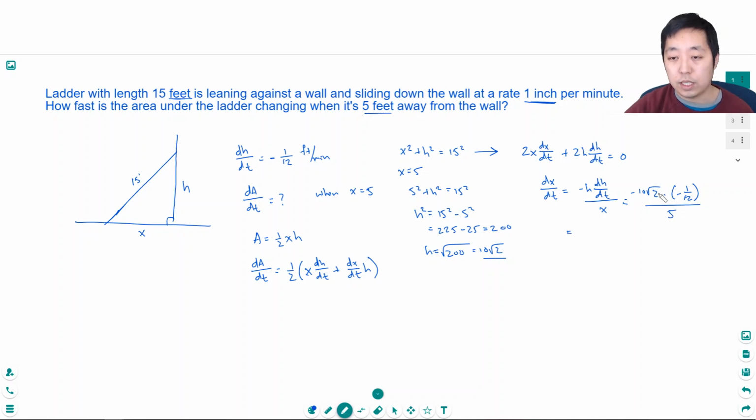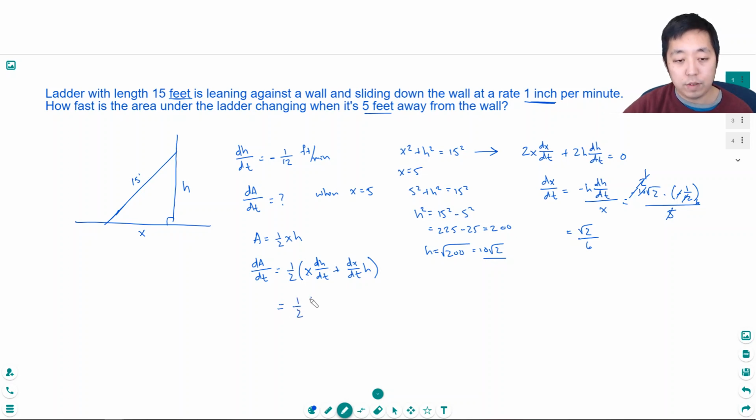So for dx/dt, this 12 would cancel and become 2, that can cancel with the 5 and become 6, and the negative cancels with that. So I get root 2 over 6. That's dx/dt. And so now I've figured out all the missing pieces for my dA/dt.